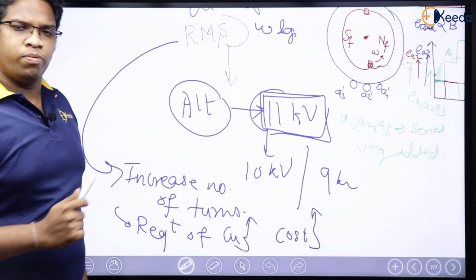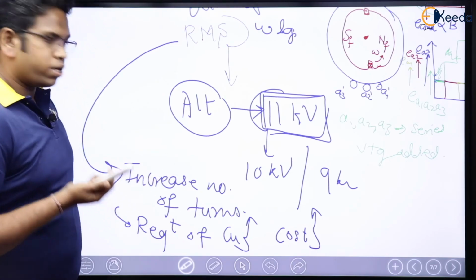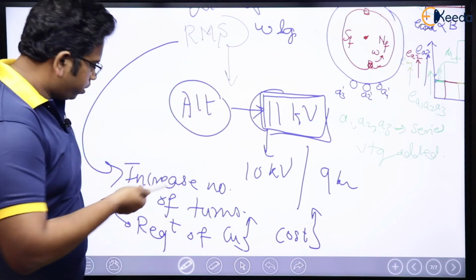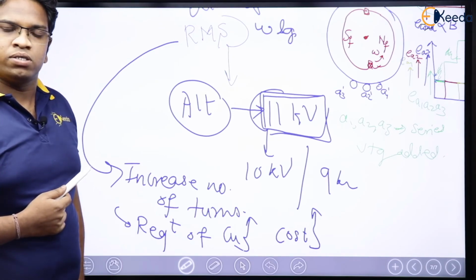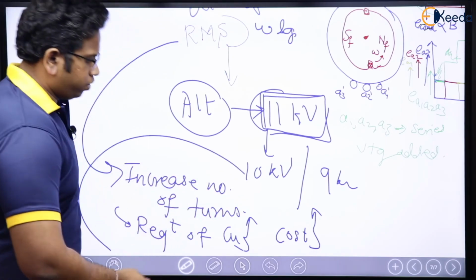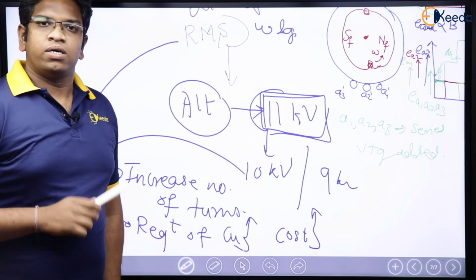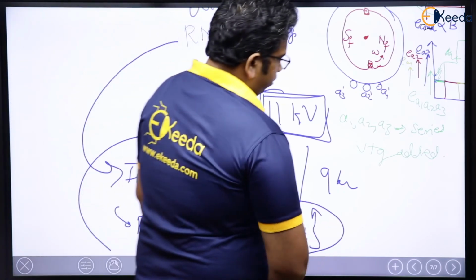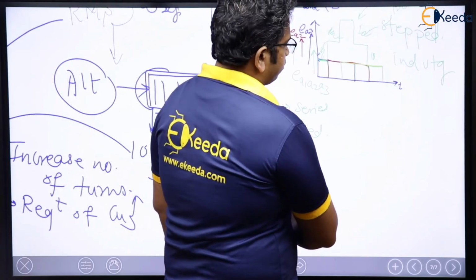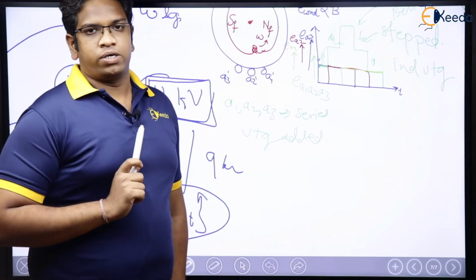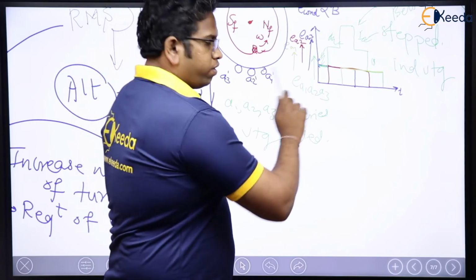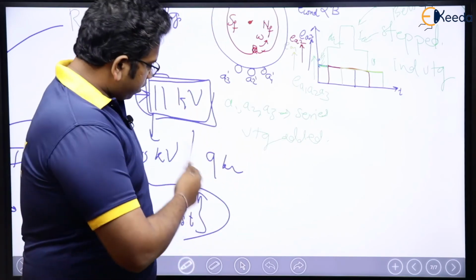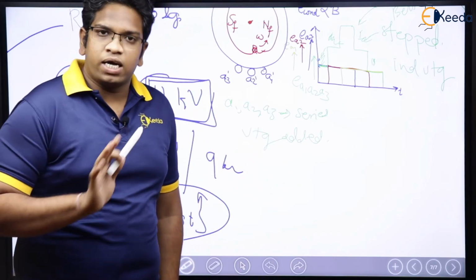So, sir, you may say everything is a disadvantage for us, right? Yes, it is a disadvantage, but the fact is, we love sinusoids. So even if it is expensive, it's okay, we don't care about it. Why?